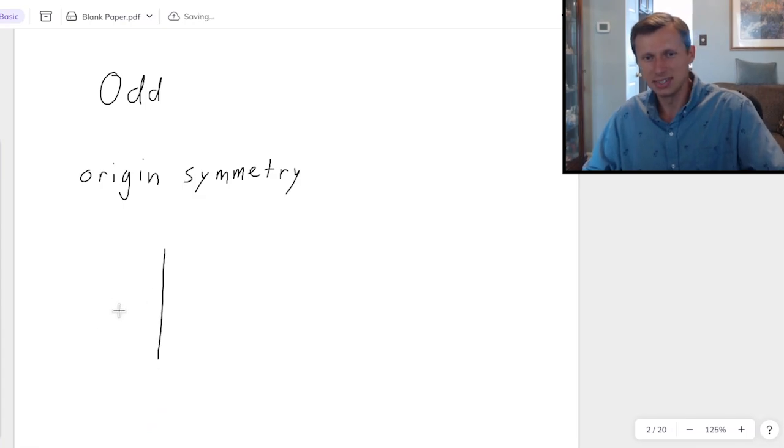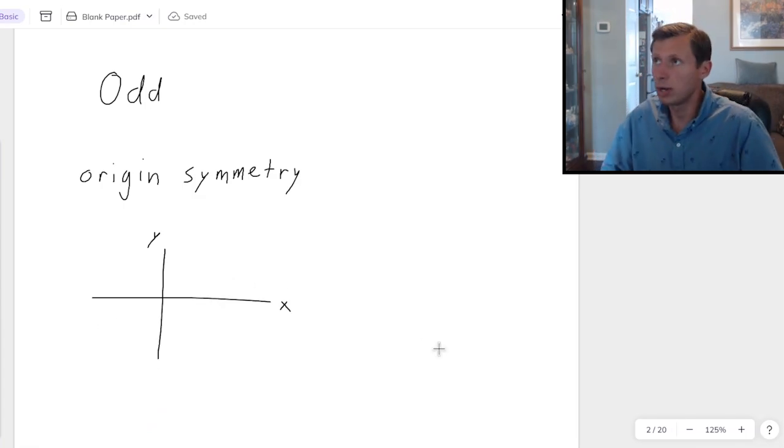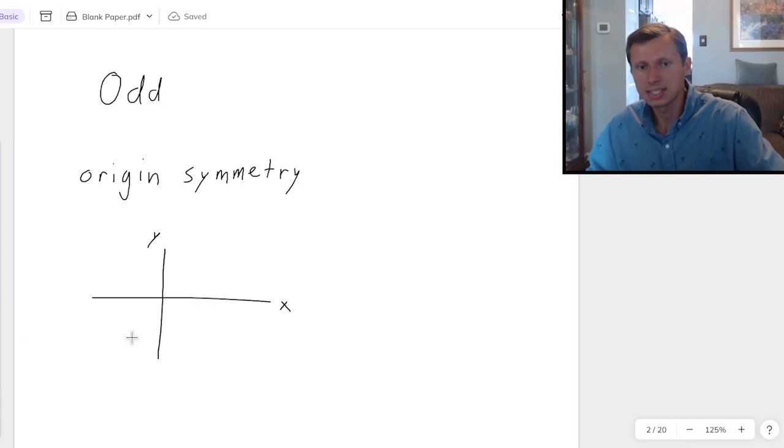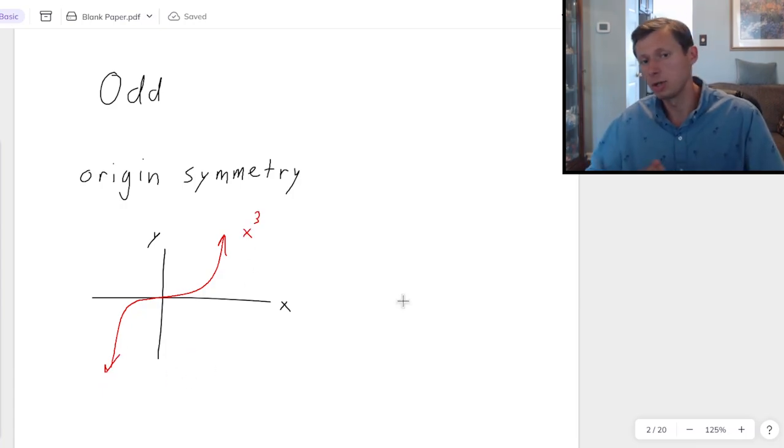I will tell you. Origin symmetry is where if you flip it along both the x and the y axis, like a reflection, you are going to get the same function. As an example, here is the function y equals x cubed, or at least close enough to it. It doesn't matter if I flip it along the x-axis or the y-axis first. I'll choose the x-axis.